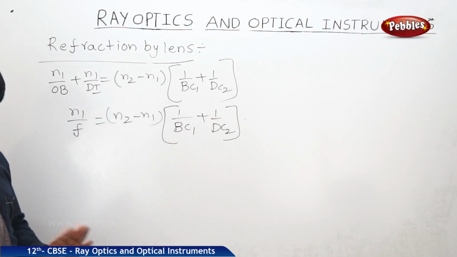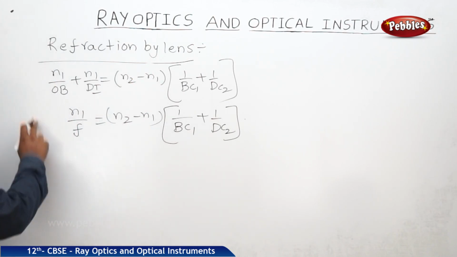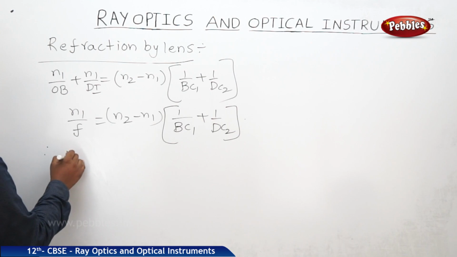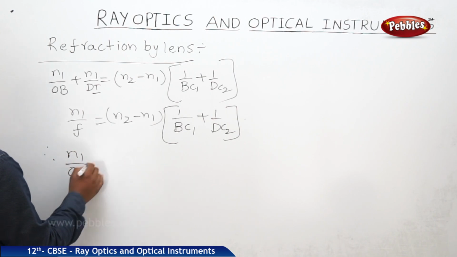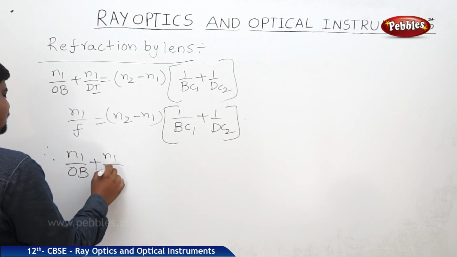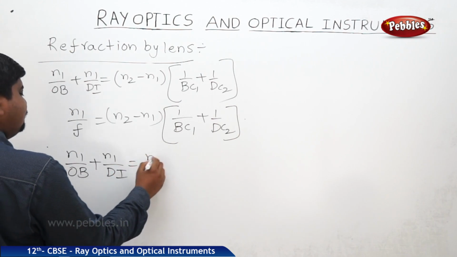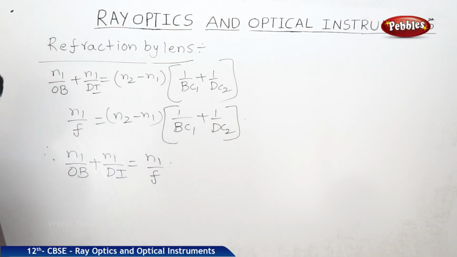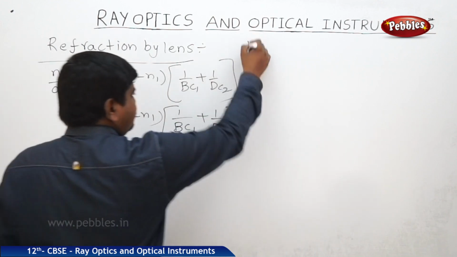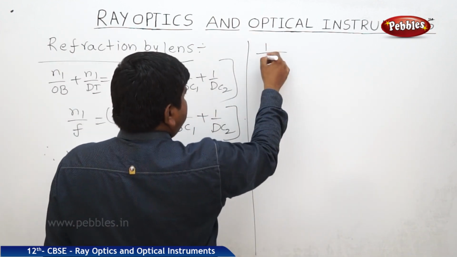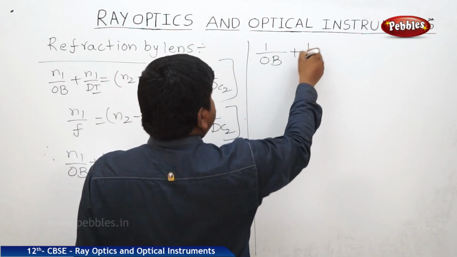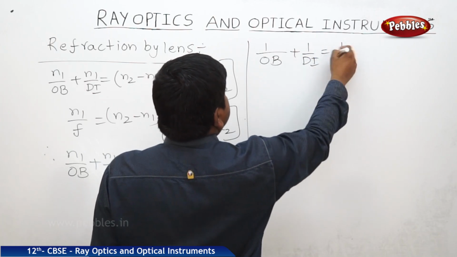The RHS of these two equations are equal, so I am equating the LHS. Therefore, n1 by OB plus n1 by DI is equal to n1 by f. So n1 is common, therefore 1 by OB plus 1 by DI is equal to 1 by f.